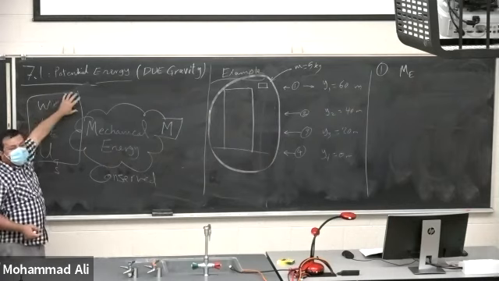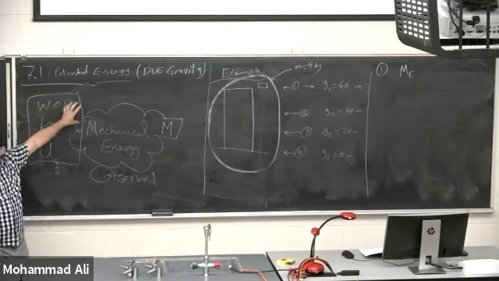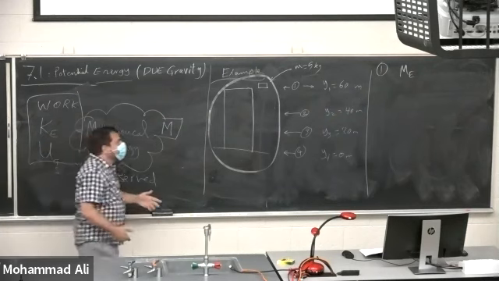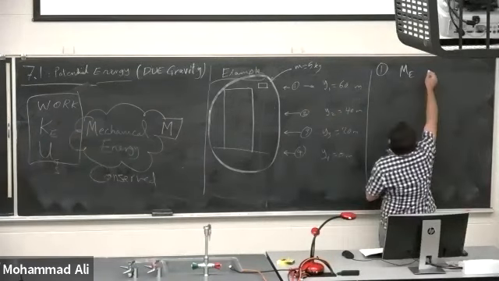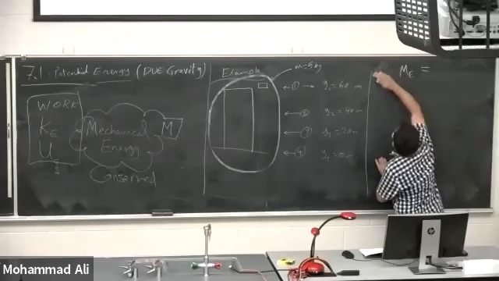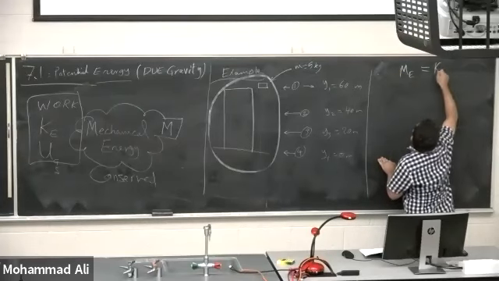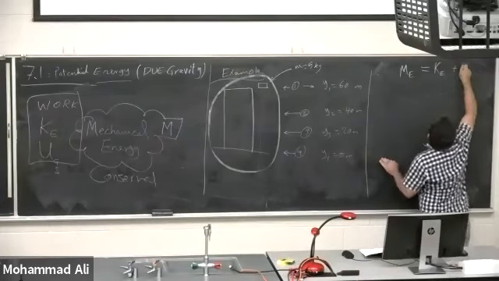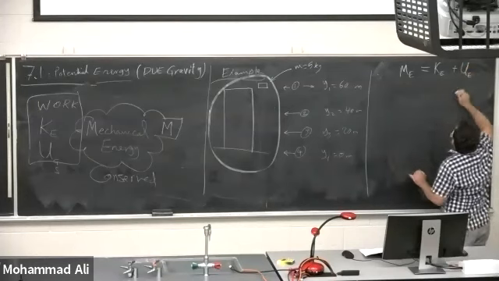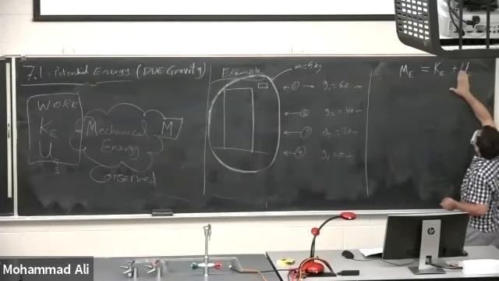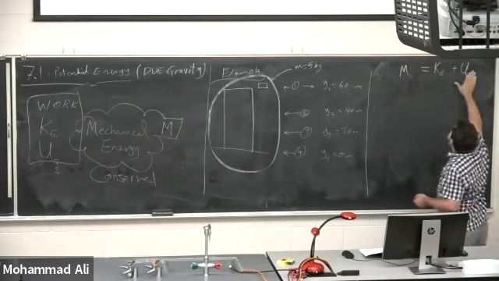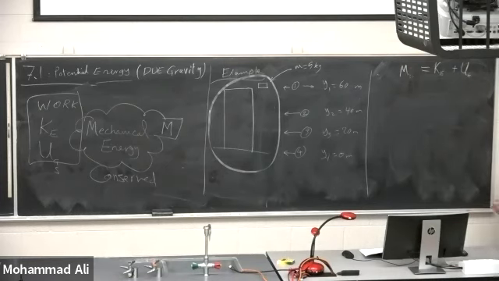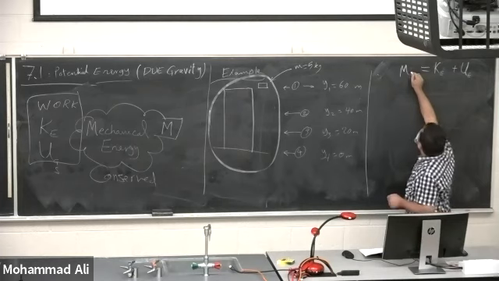In general, we will not put the work with it, but when we need to, we will put it. The mechanical energy in general is equal to kinetic energy plus potential energy. If you don't need to put E here, it is okay. I took it from my past, okay?